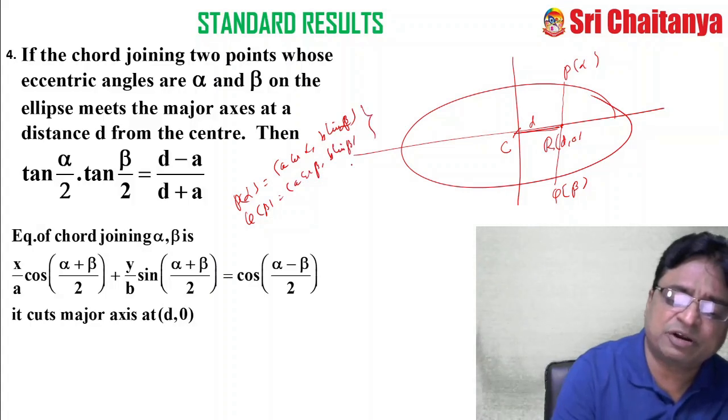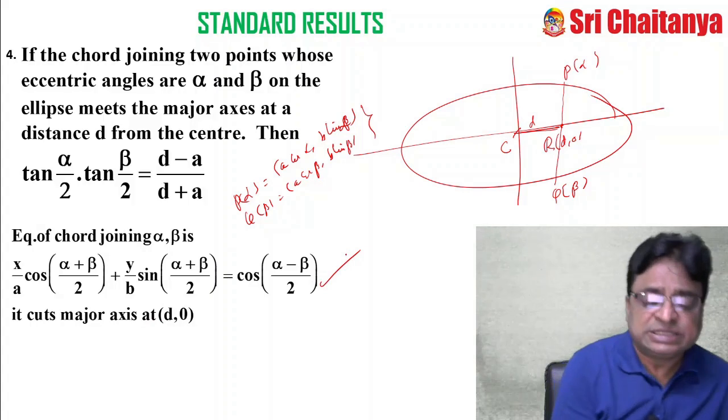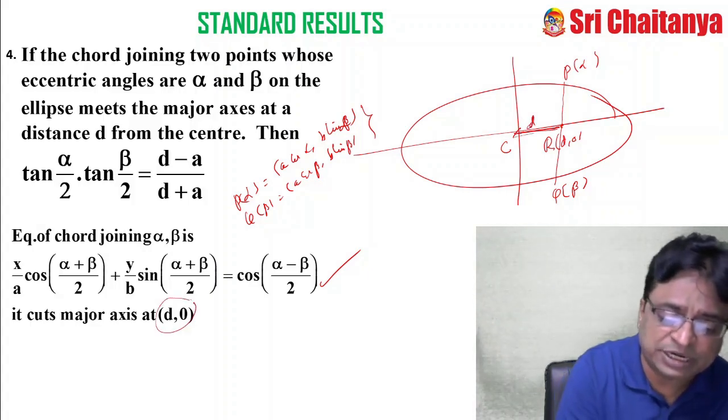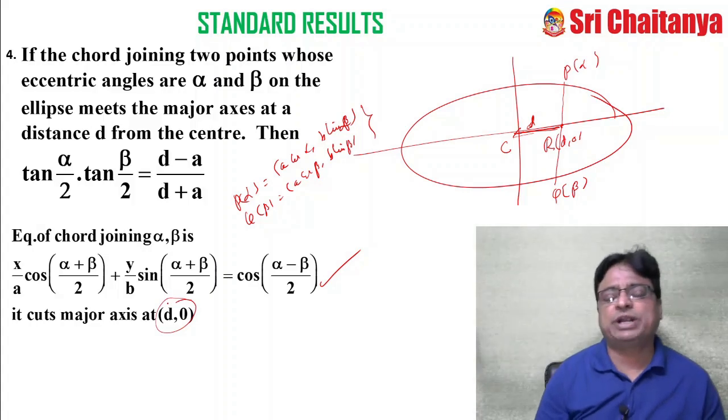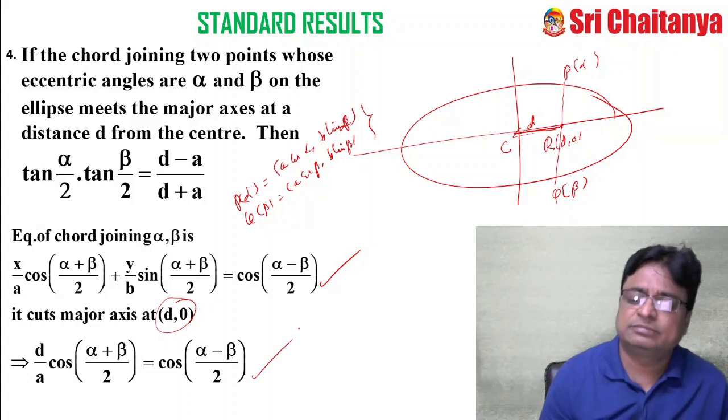What is the equation of the chord joining PQ? This is the formula. Since it cuts the major axis at a distance d from the center, it automatically passes through the point (d, 0). You substitute the point (d, 0), and you will get a relation like this.